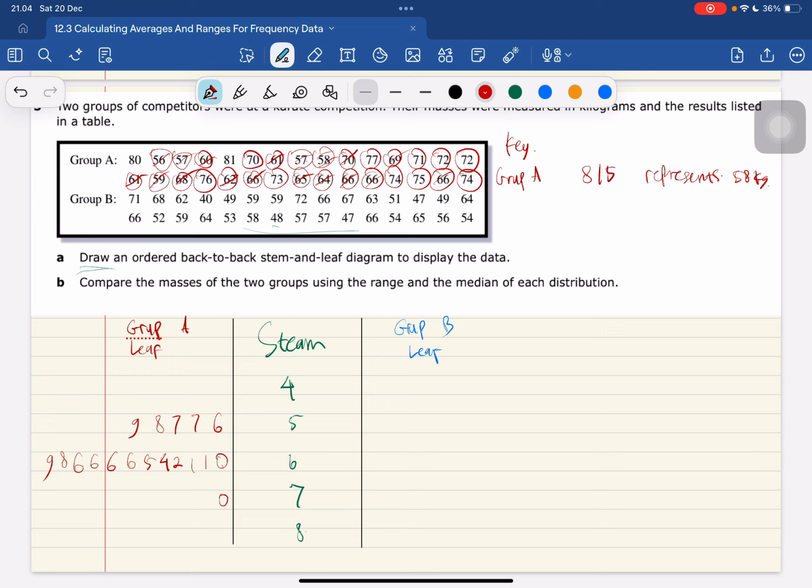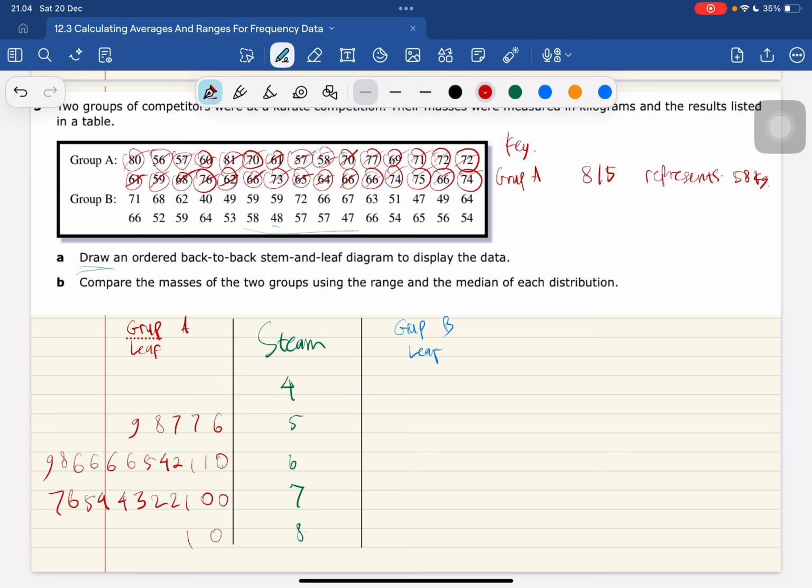After 70 we got 71. Right here 72 two times, 73, and 74 two times, 75, 76, and 77. So let us cross. Next is the 80s. We got only 80 and 81.